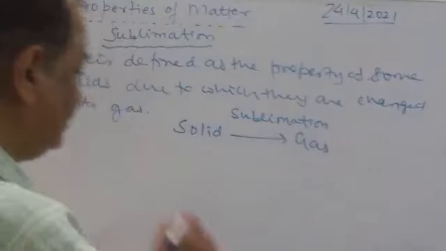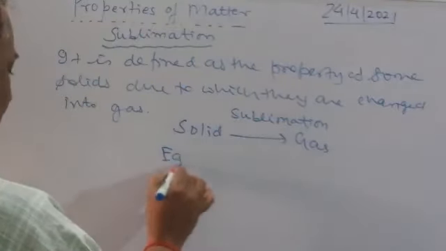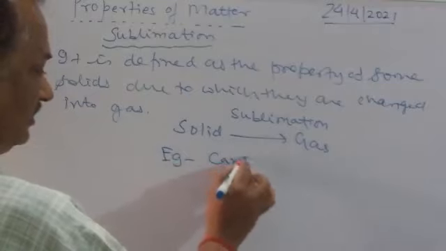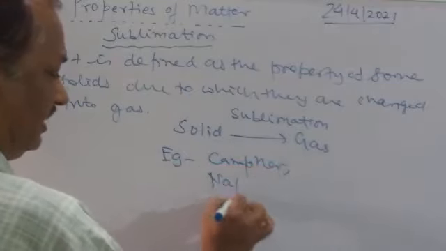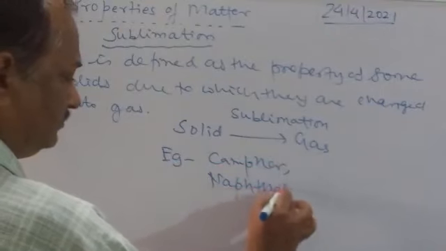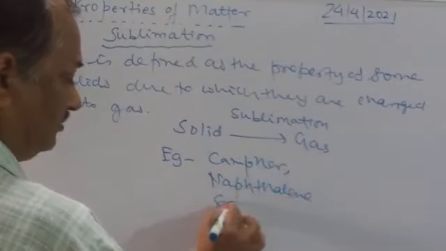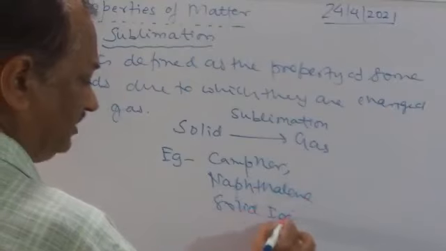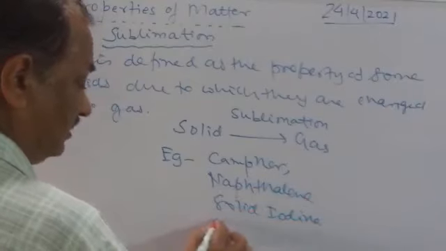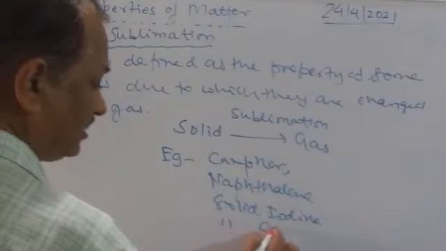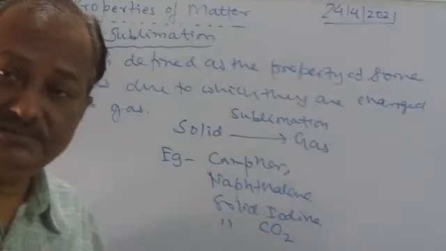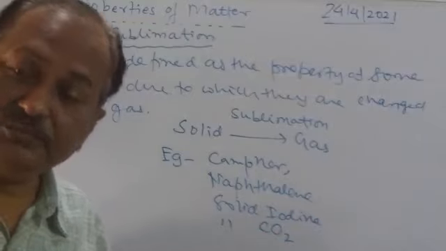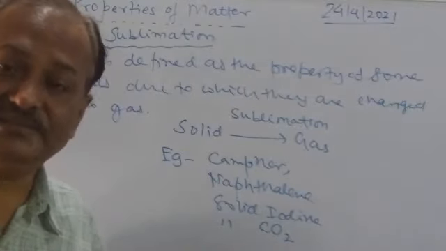Some substances which exhibit sublimation are camphor, naphthalene, solid iodine, and solid carbon dioxide. So these are some of the important compounds which exhibit sublimation.